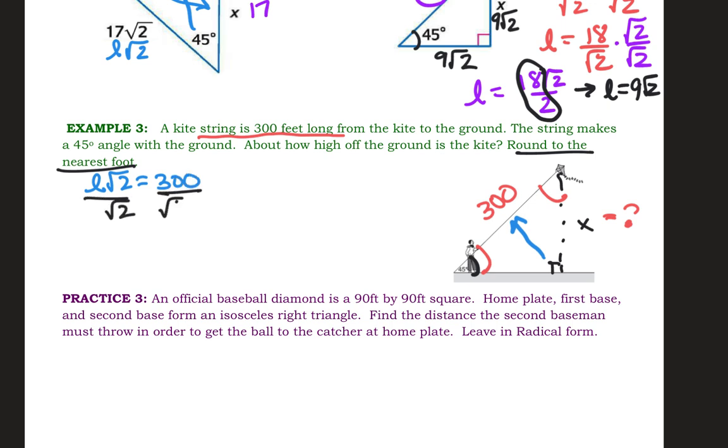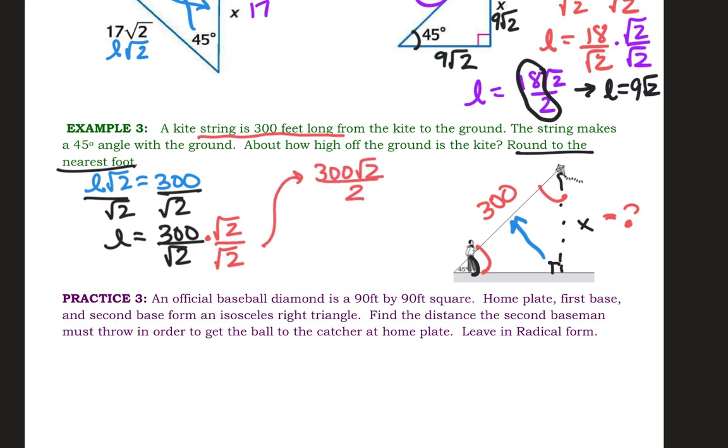Divide by the square root of 2. Our leg is 300 divided by the square root of 2, which we can't have a square root at the bottom. So then from here, I have 300 square root of 2 over 2. Can I reduce 300 and 2? We can. The leg is 150 times the square root of 2.